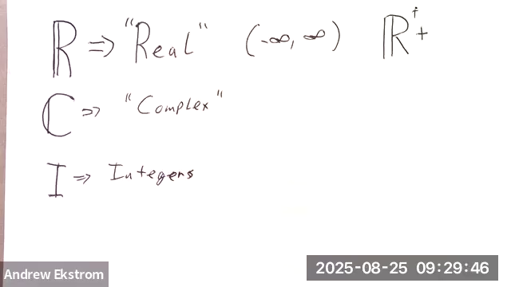So what are integers? 1, 2, 3, 4, 5, 6. So numbers that do not have decimal points after them. Some of the stuff, I admit, is really weird to look at, and some of the definitions can be a bit awkward.